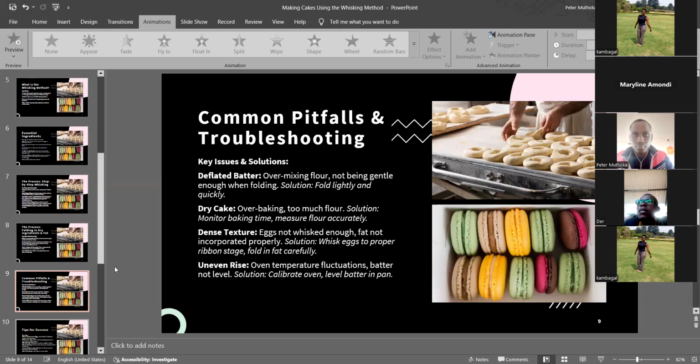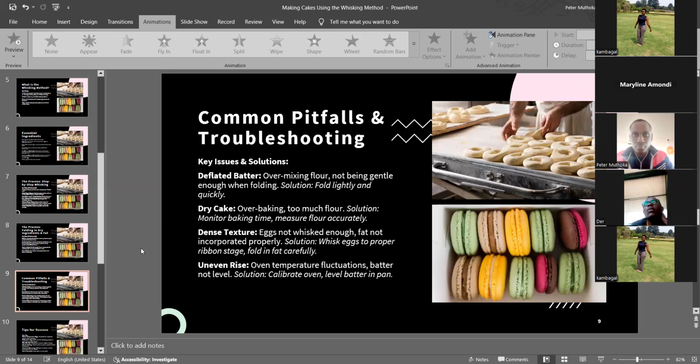Okay, let's look at the common pitfalls and the troubleshooting. We have those common faults that may occur in a cake. As we've said, we need to preheat our oven before we prepare the mixture.